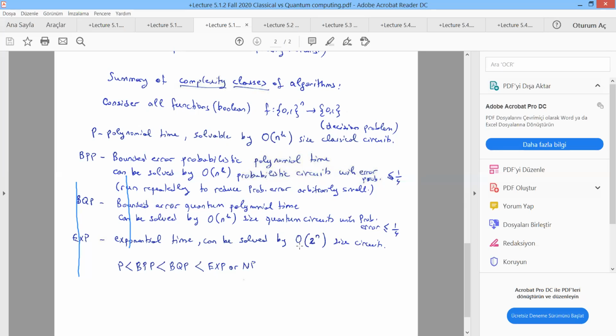But if it is order 2 to the n, this is an exponential time complexity. So this is the class of the most difficult problems that we considered. Sometimes it is referred to as the NP class, and within this NP class there are other subclasses like NP complete, and others. We'll see some of these algorithms as we go along.